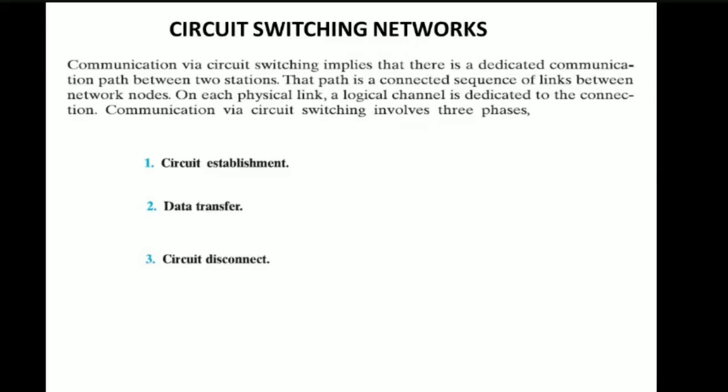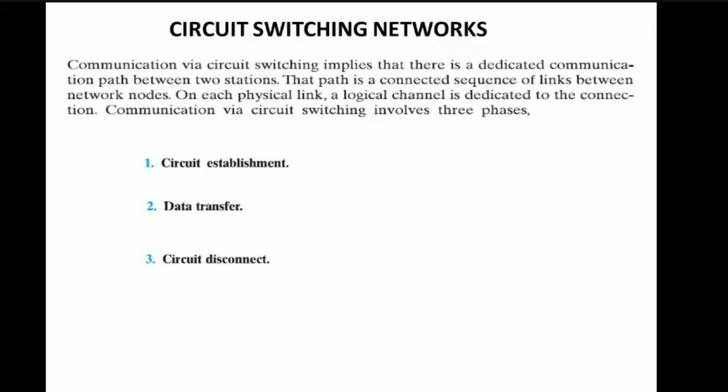Actually, on a single physical link, there are several logical channels. So on each of these physical links, a logical channel is dedicated to the connection. Let us say one station on the source side and one station on the destination side are connected. They are connected with one physical link, but this physical link can have multiple logical channels. So in this physical link, one logical channel is dedicated for the connection between these two stations.